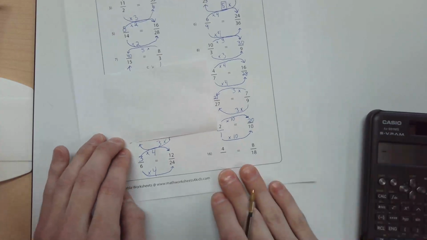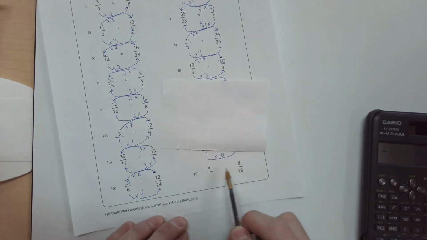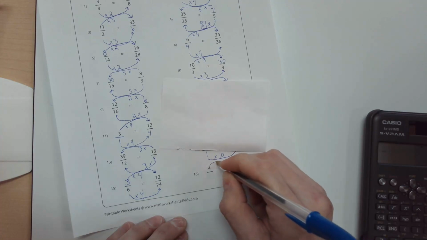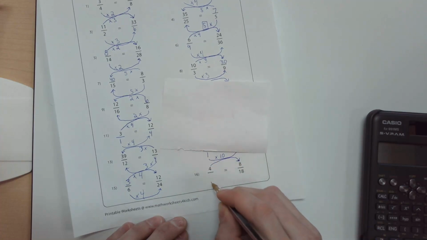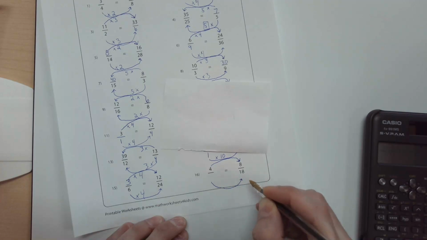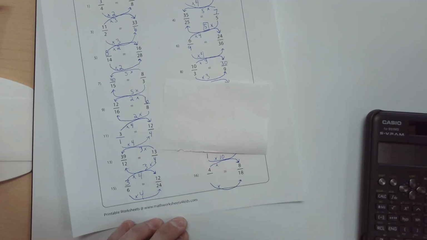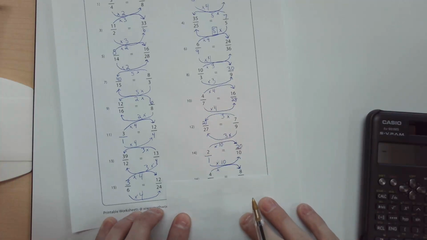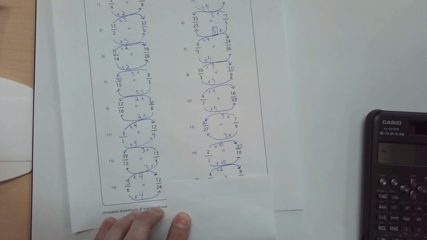All right, last question. Smaller number, arrows, sign. 4 times 2 equals 8.